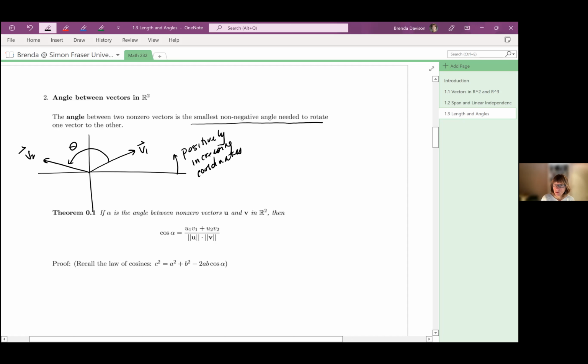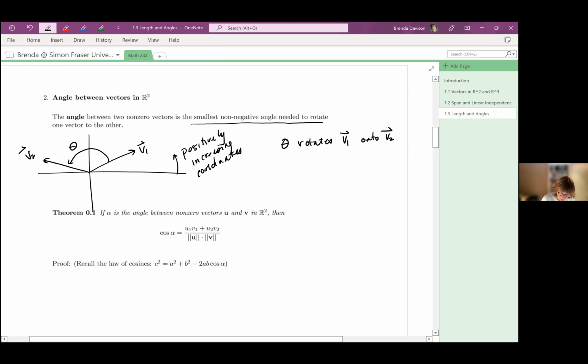If you don't recall the polar coordinate system and how to exchange from the polar coordinate system to the rectangular coordinate system, now is the time to review that, because you'll see analogous things here, and also later in the course we're going to be talking about complex numbers where we're going to be going between polar and rectangular forms, and so that information needs to be regained if it has been lost in the interim. Okay, so here the angle theta rotates v1 onto v2. So we call that theta the angle between them.